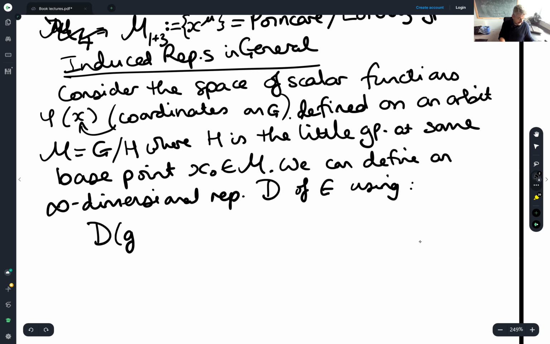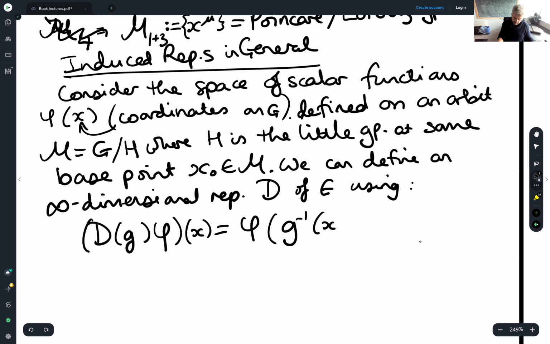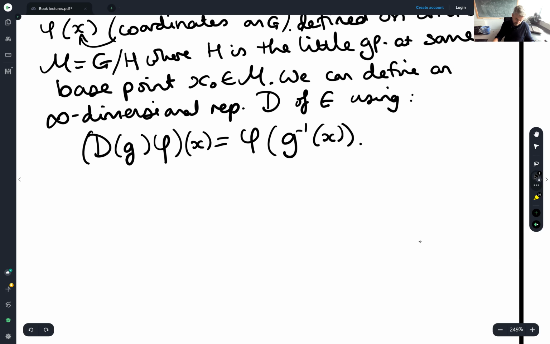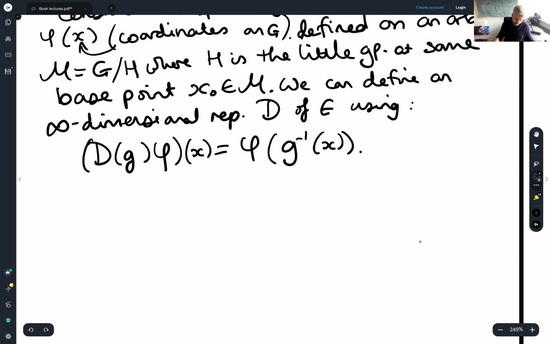Big D of g acting on phi as a function of x is the same thing as phi at g to the minus 1 of x. So in other words, the transformed function at x has the value of the original function at the point mapped to x. Okay, so that's the definition of D.